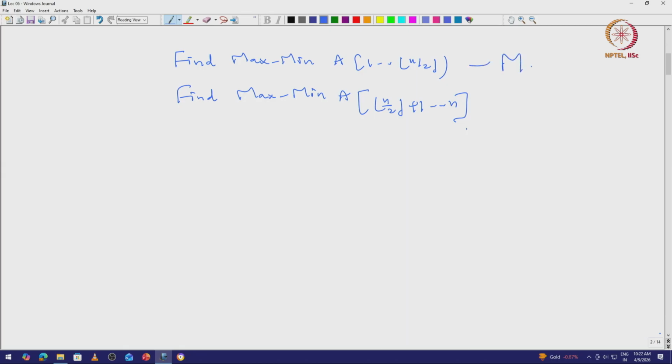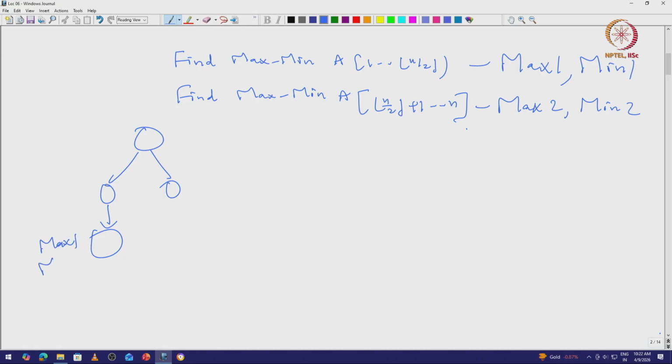Call this max 1 and min 1, and call this max 2 and min 2. In other words, you have split into two parts. For the first half of the array you have the max and min, and for the second half of the array you have the max and min, max 1, min 1, max 2 and min 2.